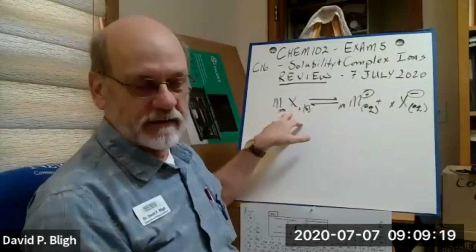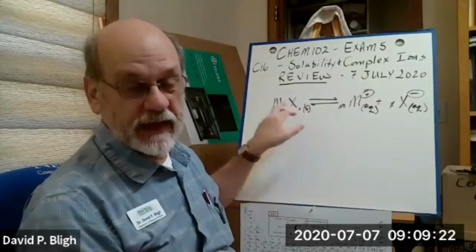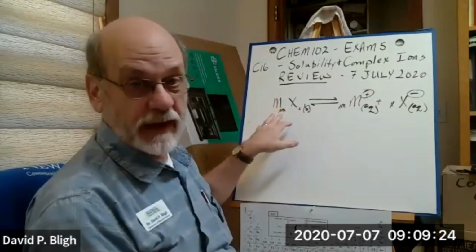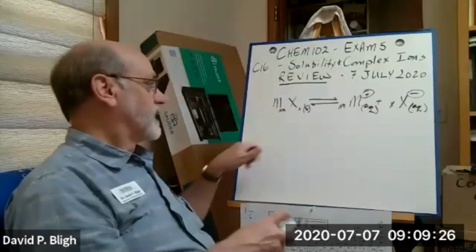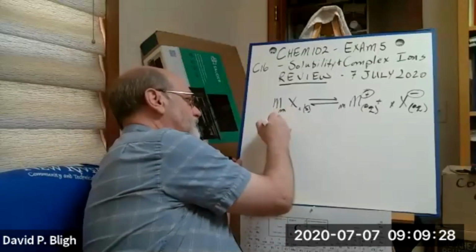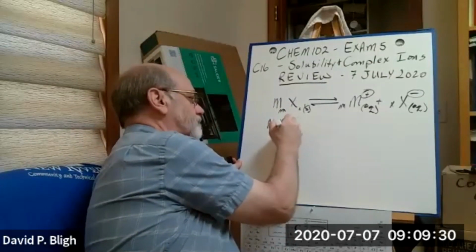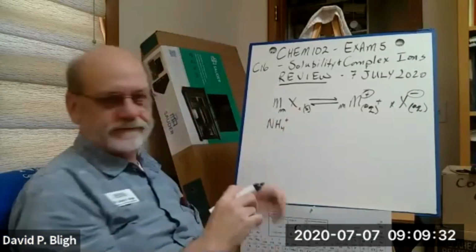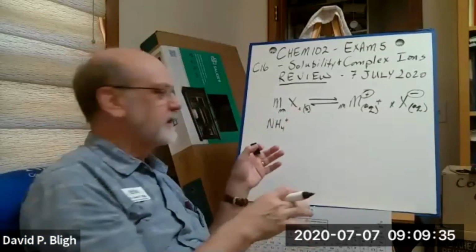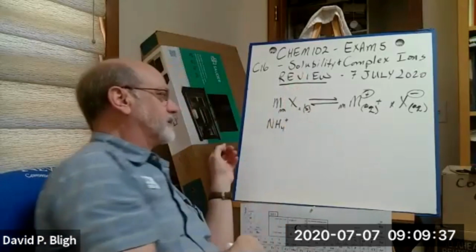And in fact, they don't have to be elements. They can be polyatomic ions. Right? So this one could be that's the only one it could be that we've studied. This one could be almost anything.